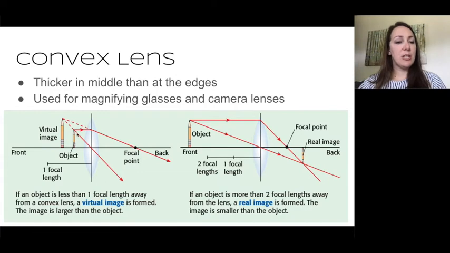So if the object is close to a convex lens, the image will be right side up and larger. If an object is farther away from the lens, more than 2 focal lengths away, the image is a real image, which means light can pass through it, and the image is smaller than the object and upside down. So again, if the object is farther away from the convex lens, the image will be smaller and upside down.